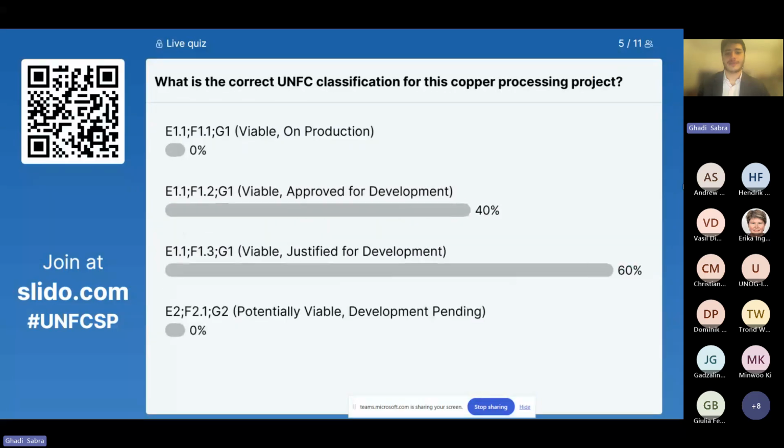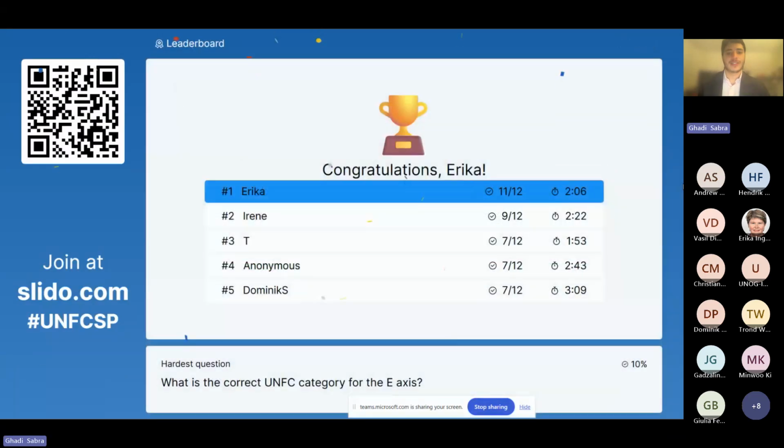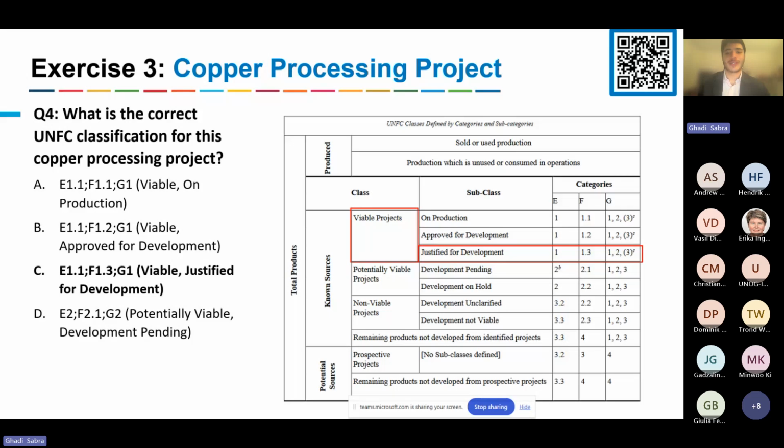So the final classification for this project is viable, justified for development.